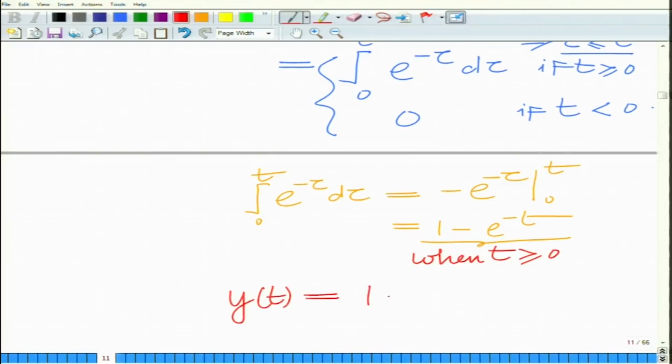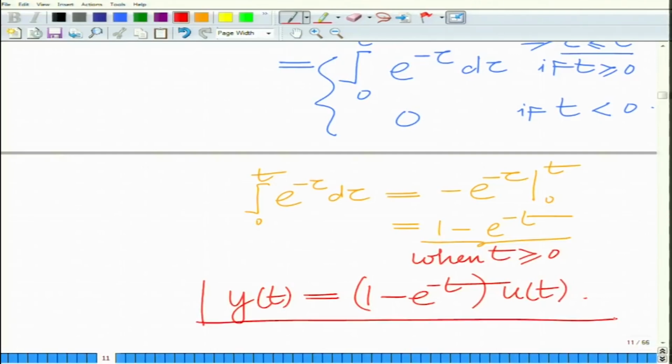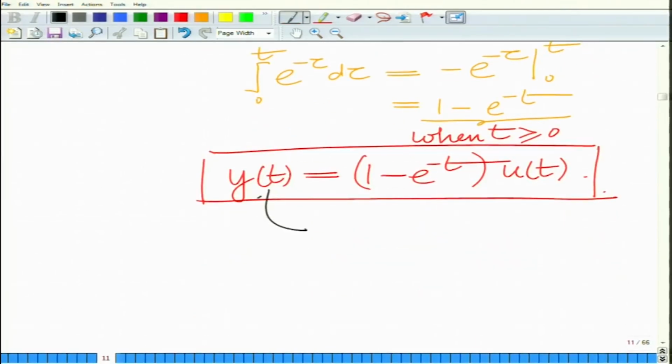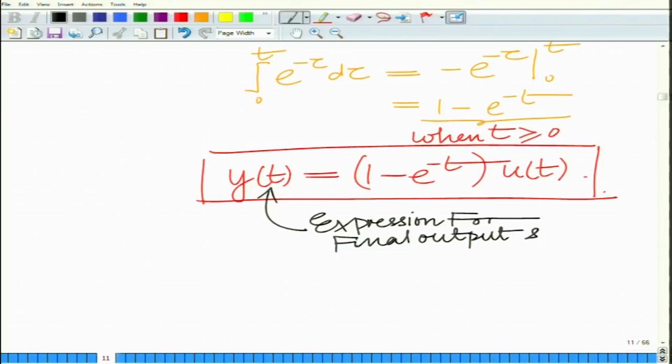This implies y(t) equals 1 minus e to the power minus t, times u(t). This is the final output signal expression. All right.